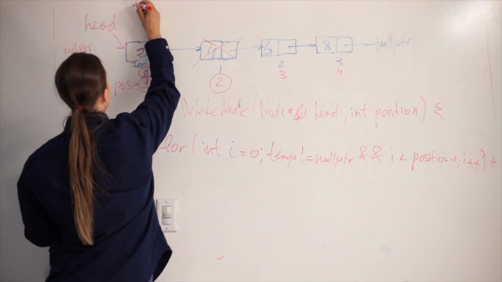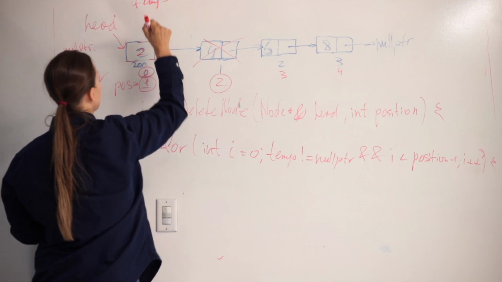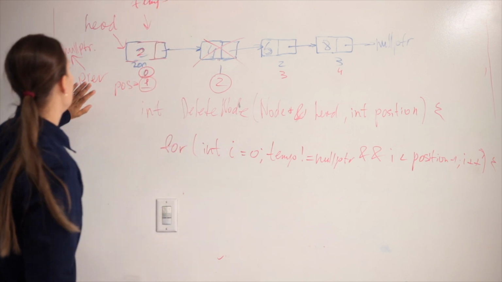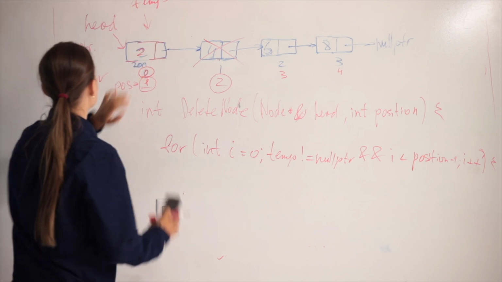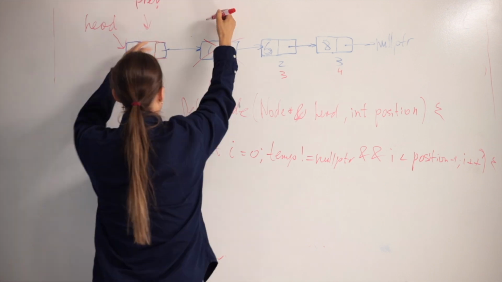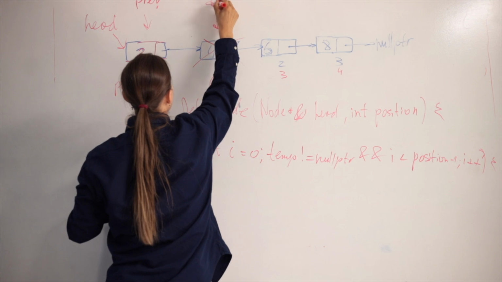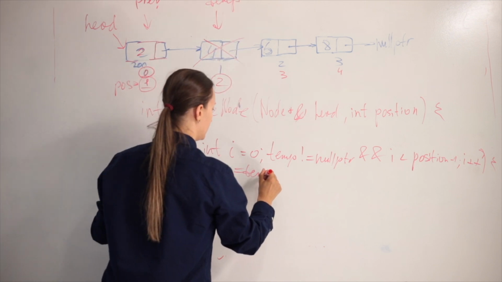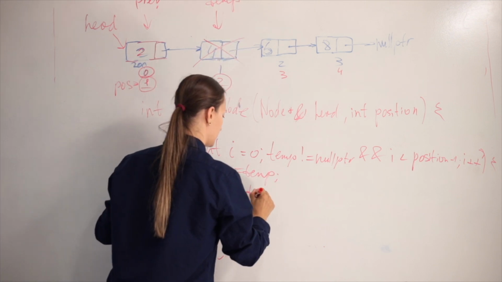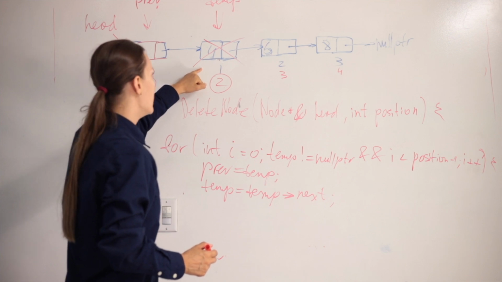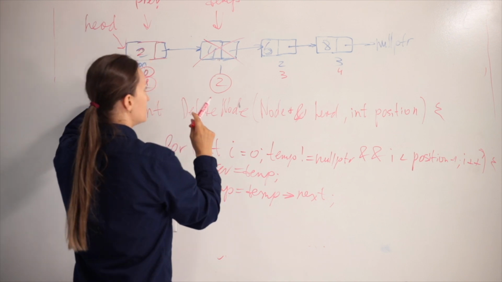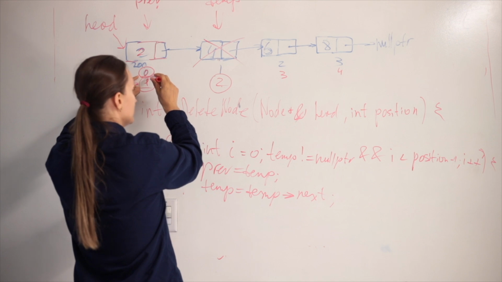Where is our temp? Temp is here. Previous goes to the temp's place and temp goes to the next place. Prev equals temp, temp equals temp's next. So now i is less than position 2 minus 1.